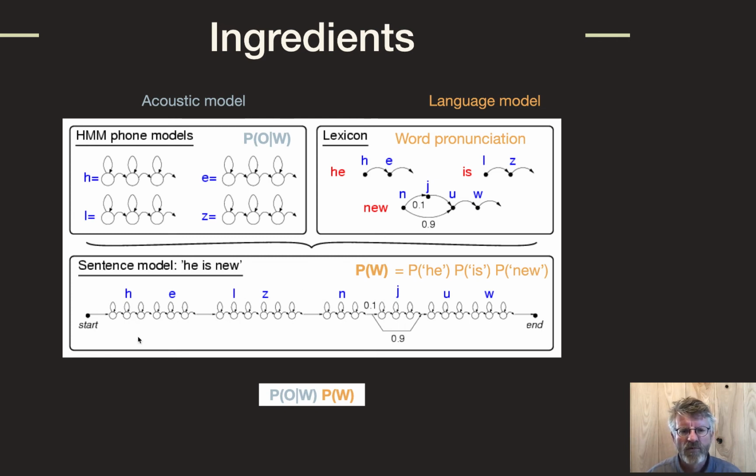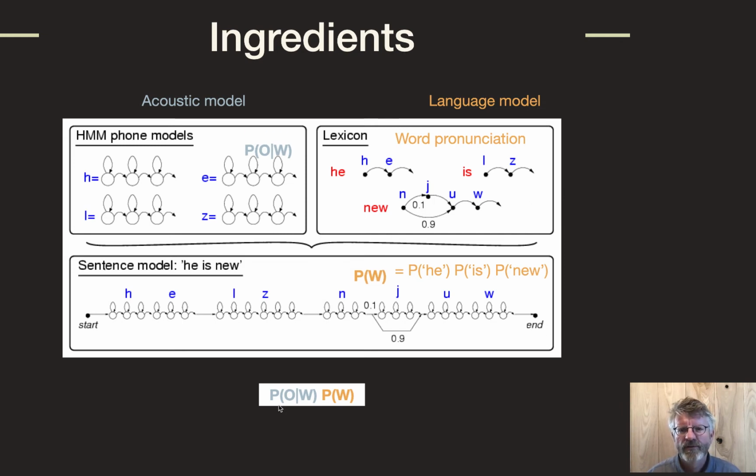And then you get models for he is new, and this model then is asked, what is the probability that you can create the observations? So what we have is the production model, the acoustic model, and the word order model. So this is the probability that the words are produced in the first place, and this is the probability of the observations that this word sequence can provide.